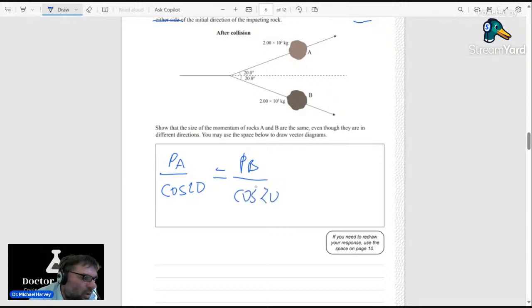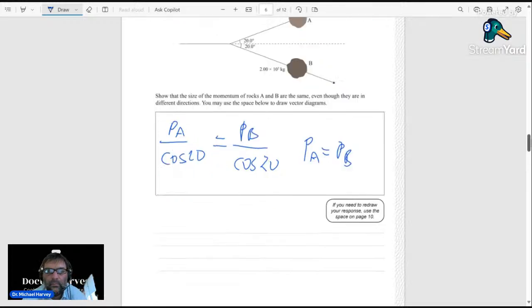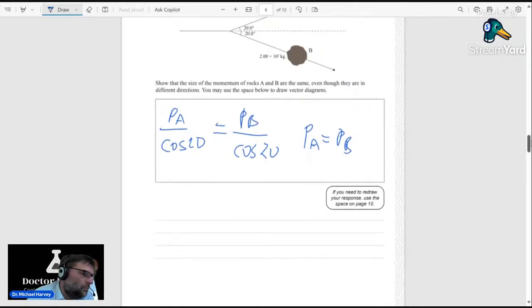So therefore, PA equals PB. You could do that, or justify using an isosceles triangle with a vector addition triangle, referring to diagrams. So there are 2 ways: you could create a vector diagram, which will solve it that way.